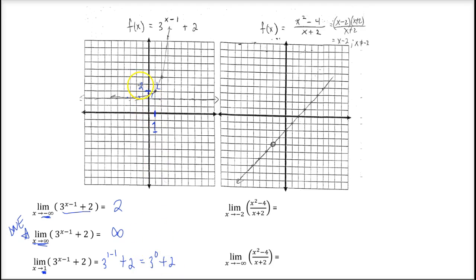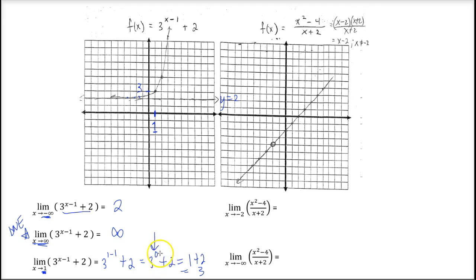Sorry, that's not 2, that's 3. My apologies, I'm having a hard time seeing this. This is y equals 2, and this is y equals 3, so it's actually approaching a y value of 3 here. We'll see that from the calculations.